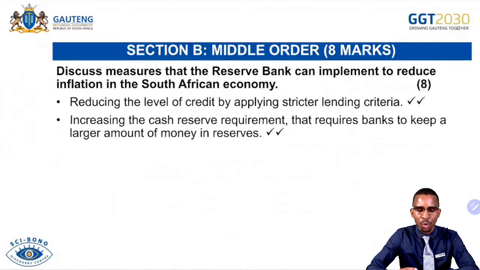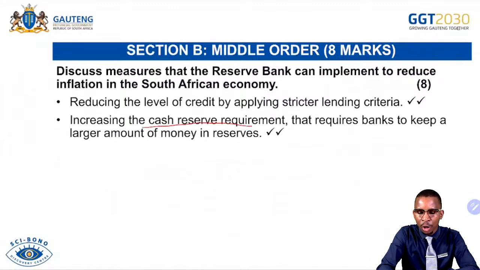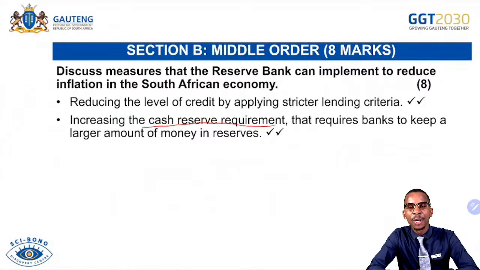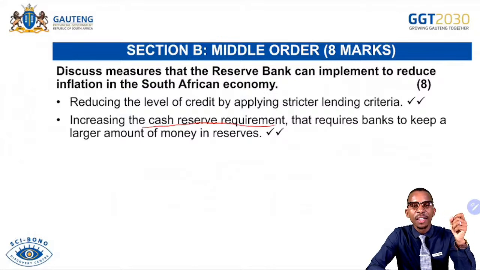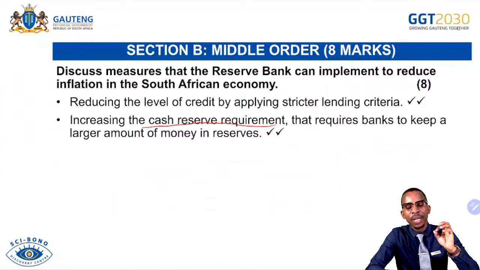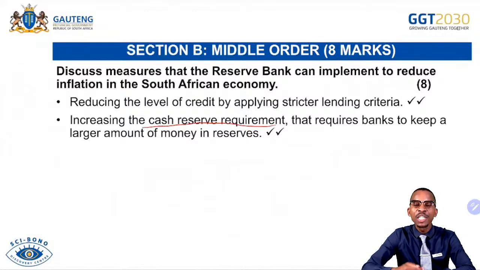Increasing cash reserves. In this case, we talk about creating vault money. Remember, cash reserve requirement or reserve requirement ratio. This is the ratio that commercial banks are obliged to keep in their reserve to prevent a high level of liquidity. In that case, if ever the cash reserve increases, maybe from 2.5 to 3.5, they will be increasing the vault money. What is vault money?